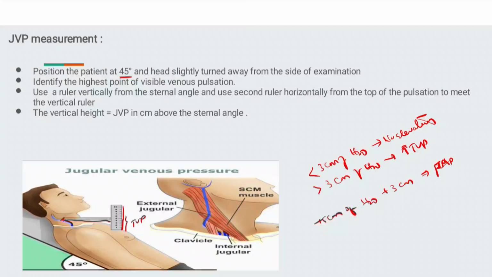So why do we take 5 centimeters? Because anatomically the right atrium is located exactly 5 centimeters below the sternal angle. So more than 8 centimeters of H2O is considered to be elevation.